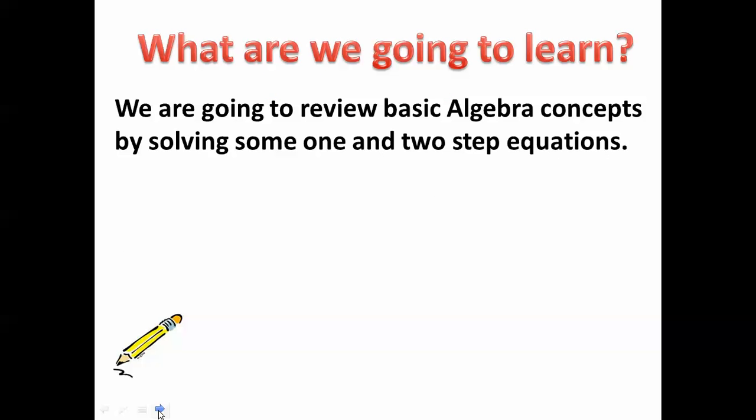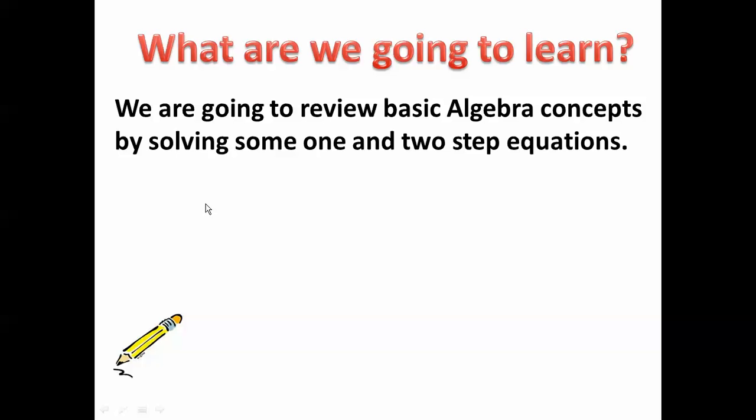Alright, so what are we going to learn? If there's a pencil here, this is important. This is something that you're going to write down. And because we're taking Cornell notes, this is actually going to be your question at the top that you'll write. You'll turn this into a question so that you know what the title is, per se.